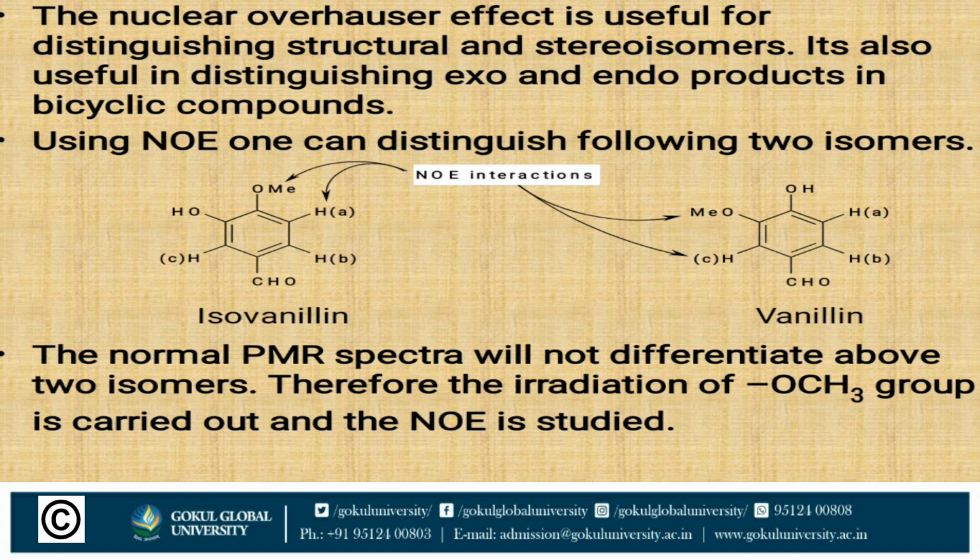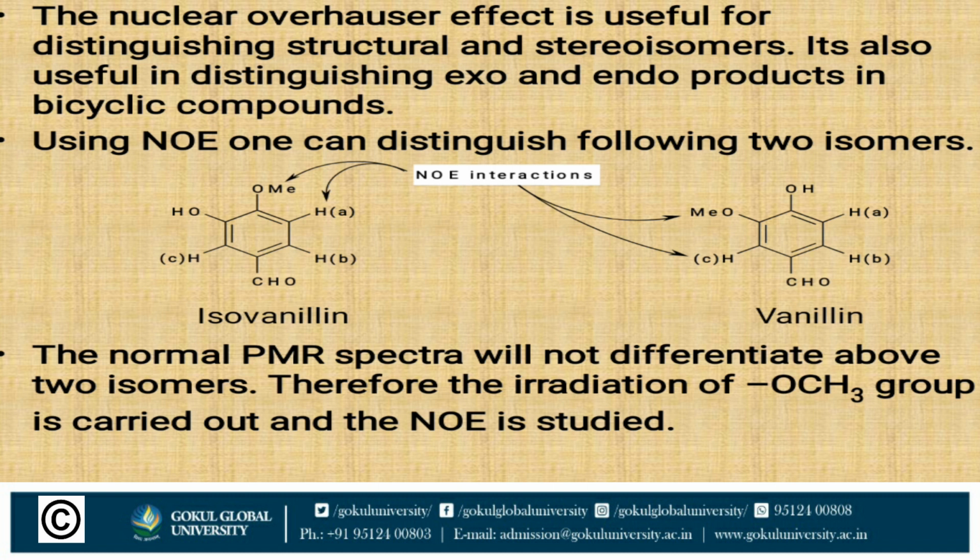We know all about the stereoisomers, whether optically active or not, enantiomers, diastereomers. So this method is used to separate out the stereoisomer structure and also the exo and endo products of bicyclic compounds.